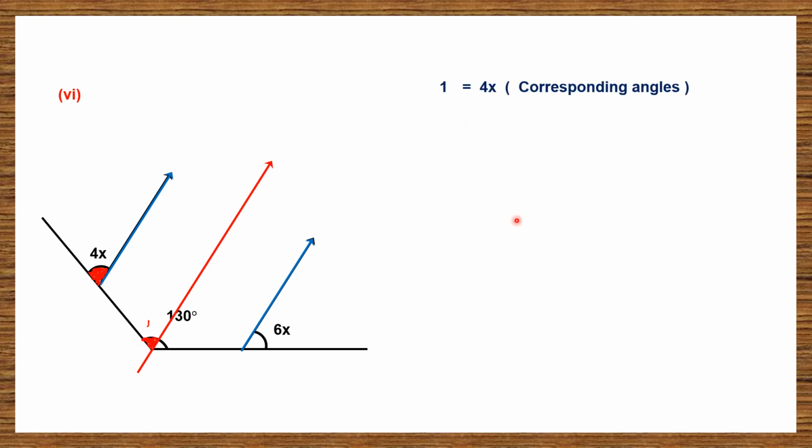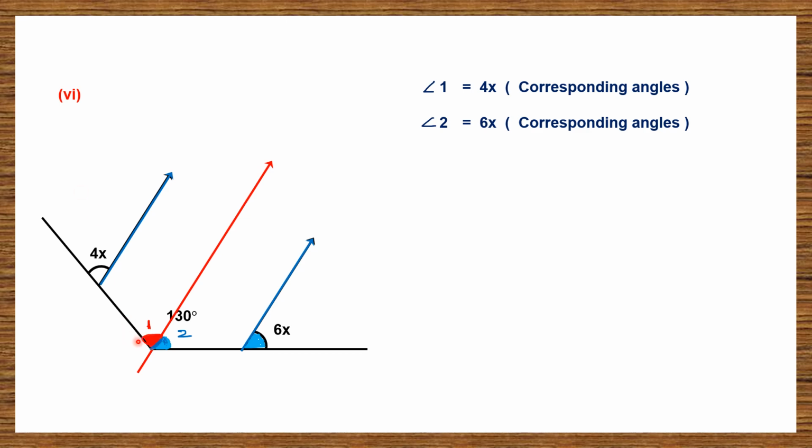So angle 1 is equal to 4x because they are corresponding angles. Similarly, this angle here and 6x are corresponding angles. So let's name this angle as angle 2. Angle 2 and 6x are corresponding angles and corresponding angles are equal. So angle 2 is equal to 6x because they are corresponding angles.